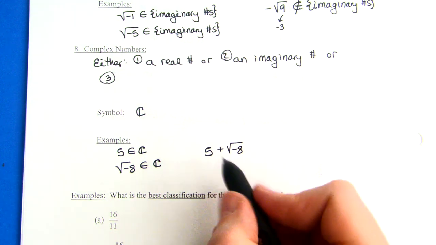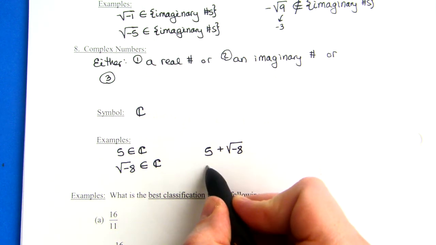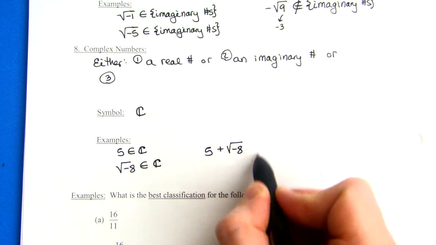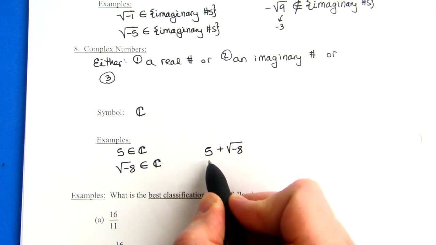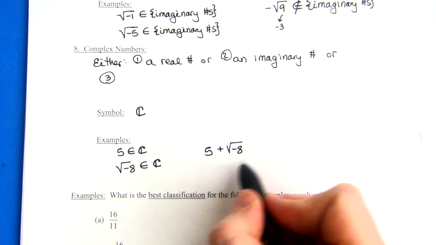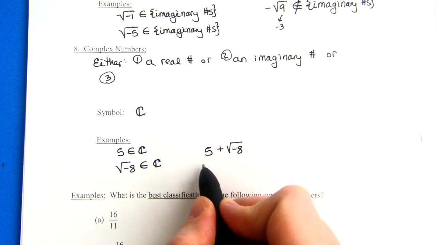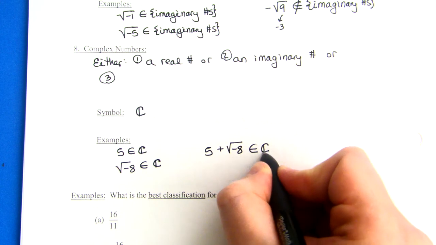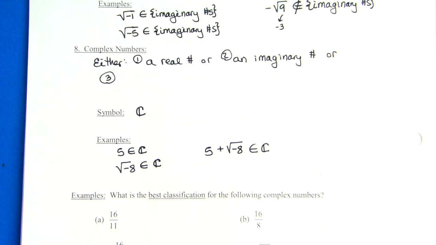Well, the 5 is a real number. The square root of negative 8 is an imaginary number. This, well, it's not real because of the square root of negative 8, but it's also not imaginary because of the plus 5. It counts as a complex number, and this is my third type of complex number.